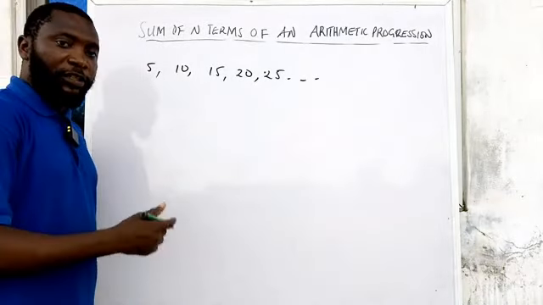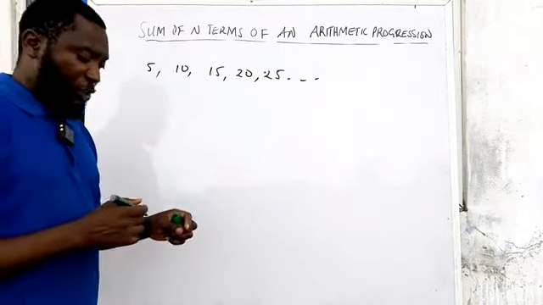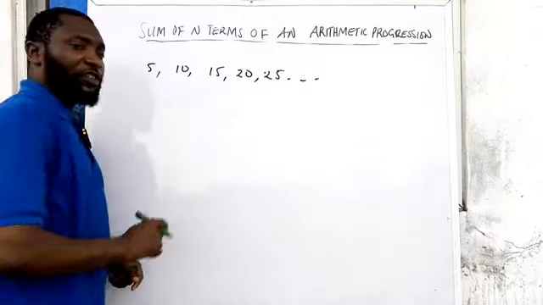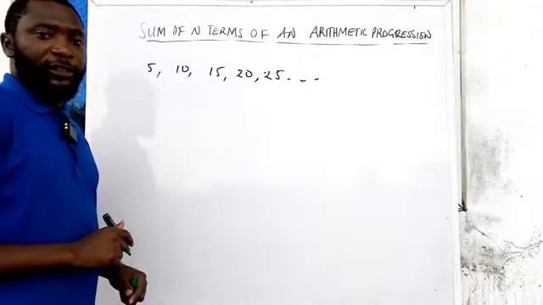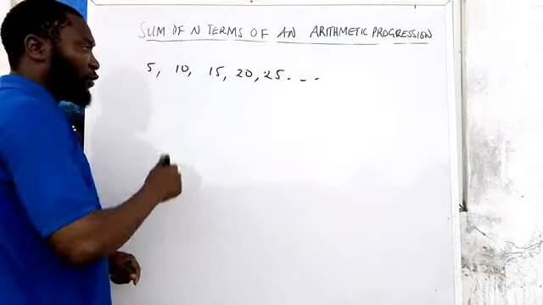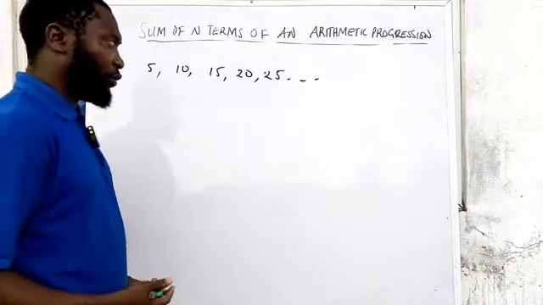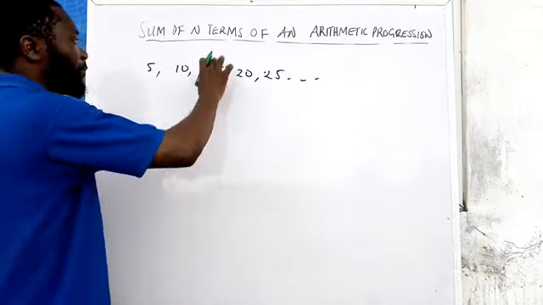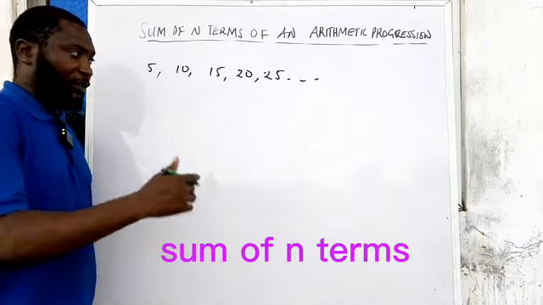You add 5, you get successive terms of this AP. Now, this becomes a series when we add this sequence together. So when you add part of this sequence together, we call it a partial sum, and it's also known as what? The series. Meaning, here is the series aspect of the topic, sequence and series.